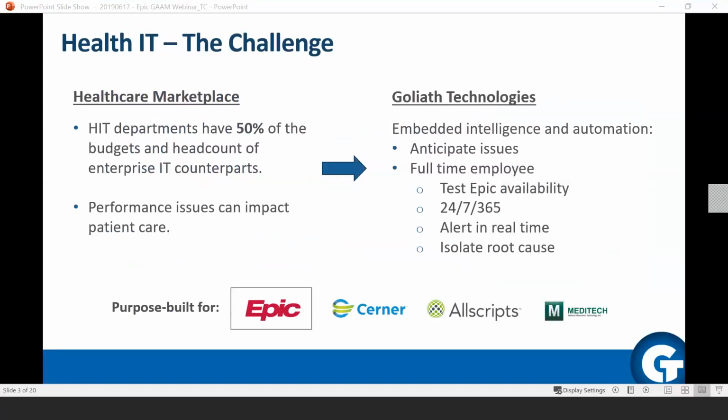It will give you the ability to test EPIC availability 24/7, 365. If there is an issue, it will alert you in real time. It will also isolate the root cause of that issue so it can be resolved quickly, and so that you'll have objective evidence to share that information with your management, with other counterparts, so permanent fix actions can be put into place.